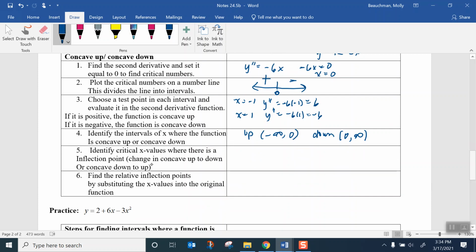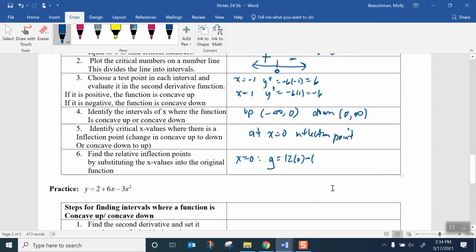Since I go from concave up to concave down, at x equals 0 there's an inflection point. To find the y-coordinate of the inflection point, take x equals 0 and substitute it into the original function: 12 times 0 minus 0 cubed.